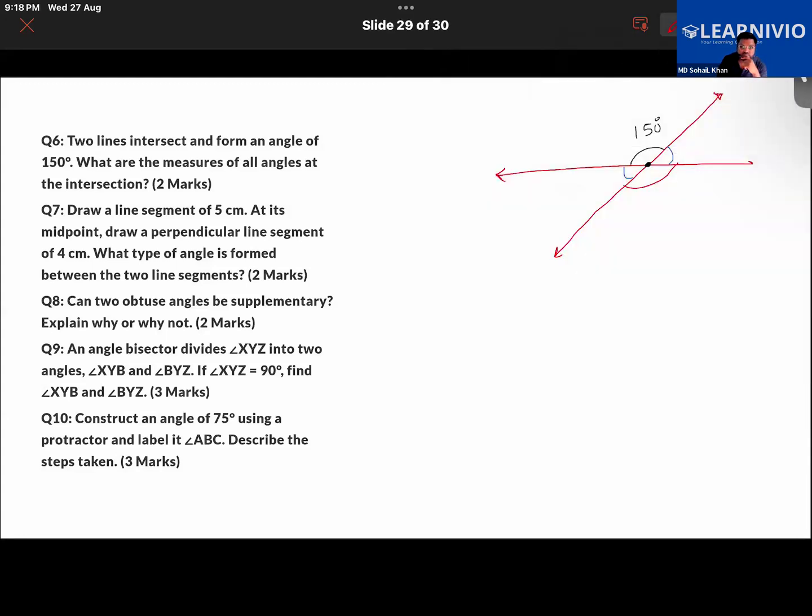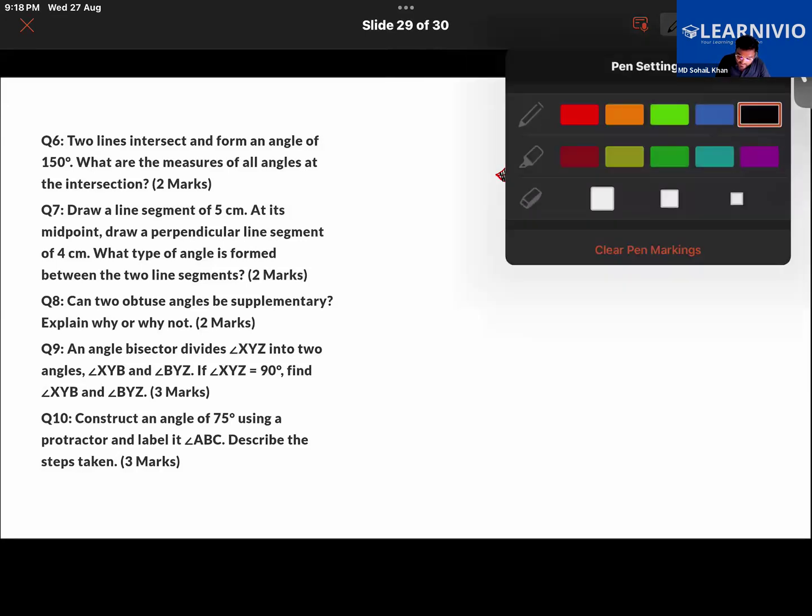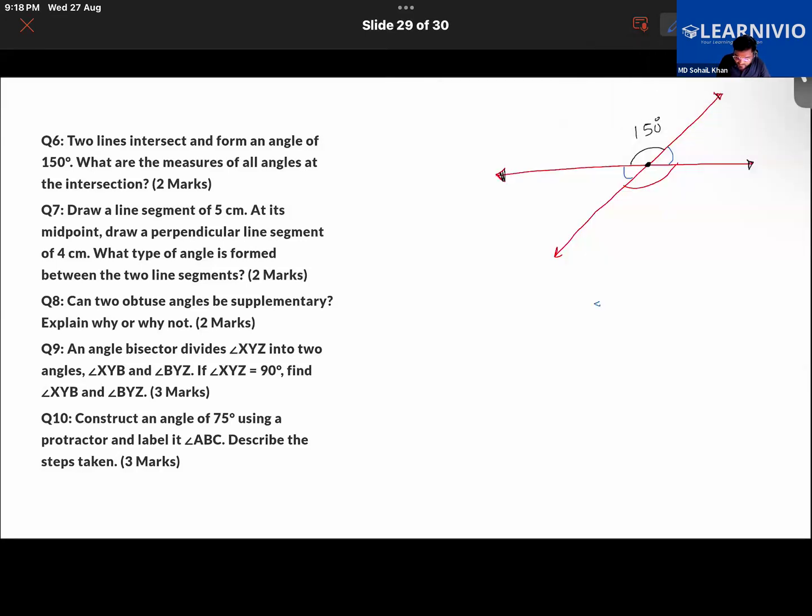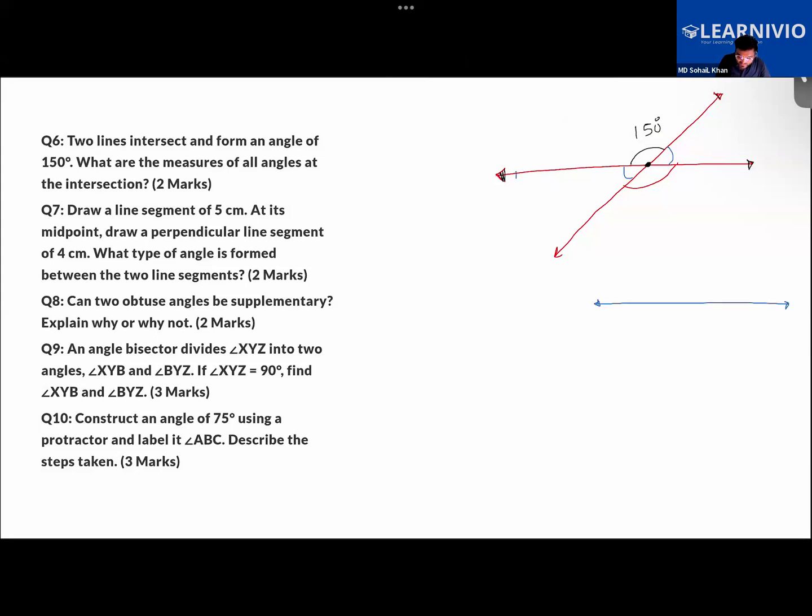So four angles at a point are formed here. In order to do this question, keep the fundamental principle in your mind. This is a straight line. Let's call it PQ, straight line PQ. On a straight line, a straight angle is formed, right?